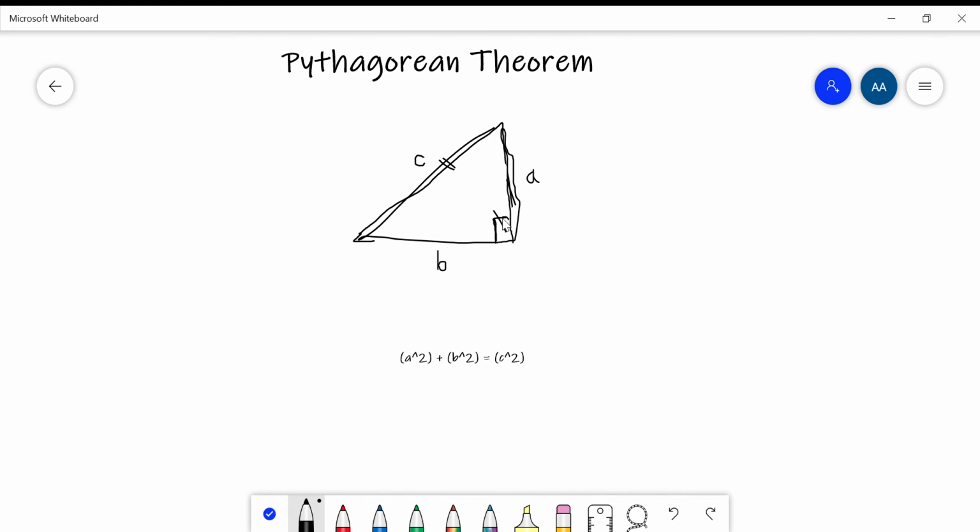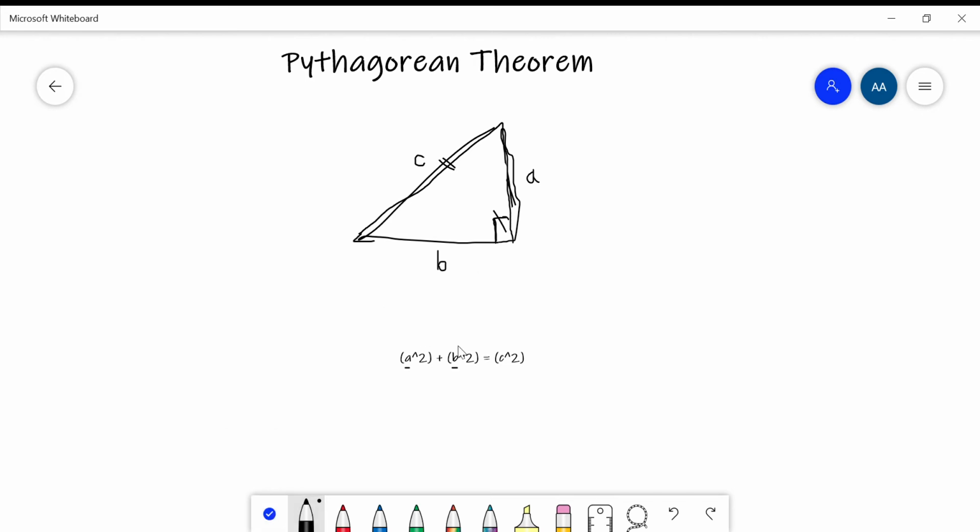So that means if somebody gives me the values for A and B, I can use this equation to solve for C. Likewise, if somebody gives me C and B, I can solve for A as well. And so that's the importance of this equation. You can solve for any side of a right triangle, assuming you are given the other two.